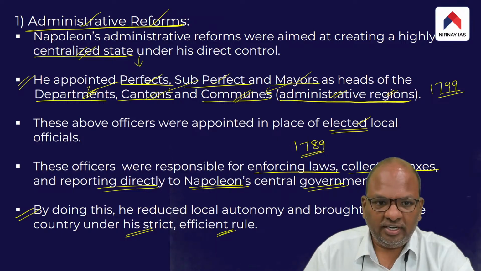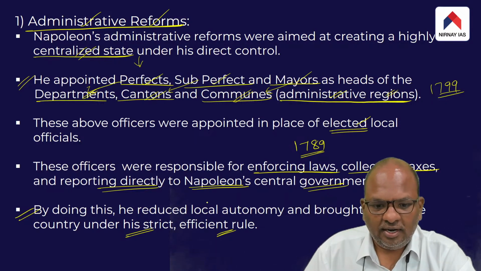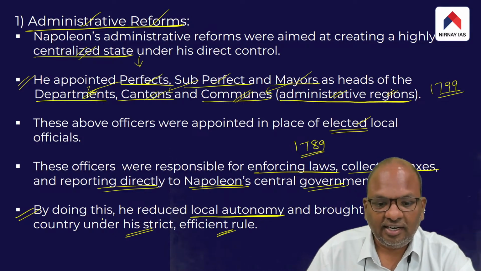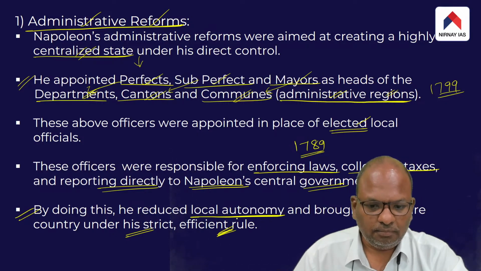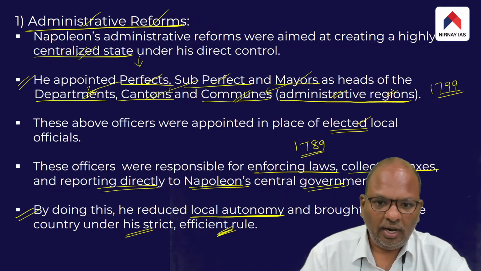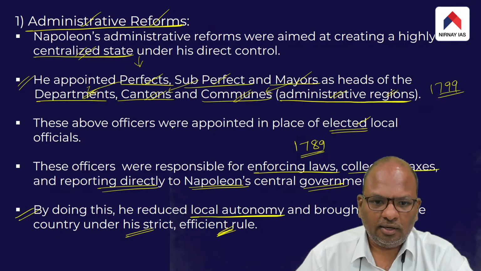So by directly appointing officers to various administrative regions, Napoleon succeeded to a very great extent in reducing local autonomy, and thereby he brought the entire country under his strict and efficient rule.